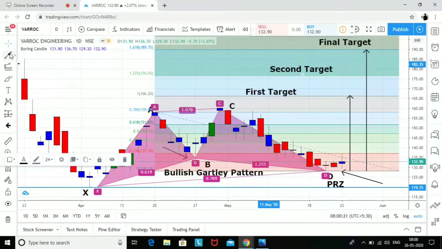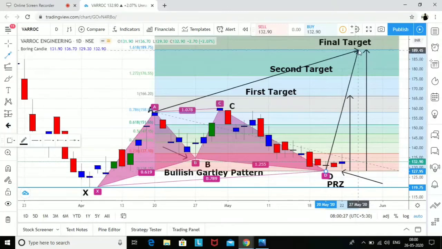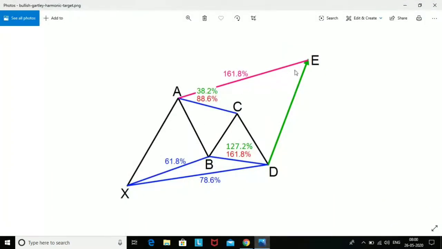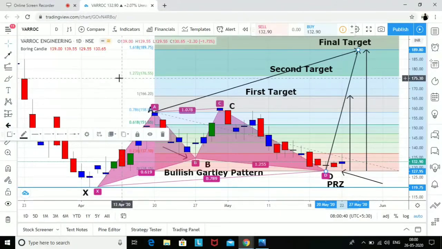So ideally it should make it like this, and from D it should be like this. So if I try to compare it with this, it should be like this, right? D and A, and this is the point where it matches. So the final target which I'm looking for is 189.